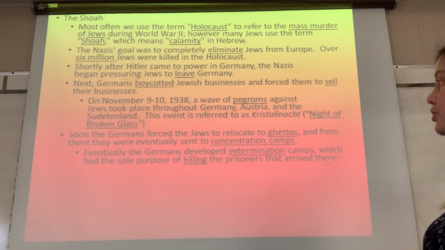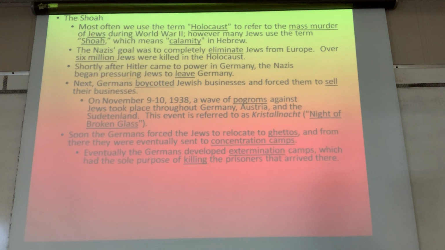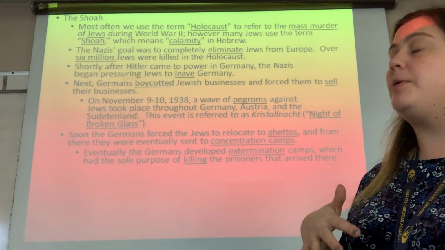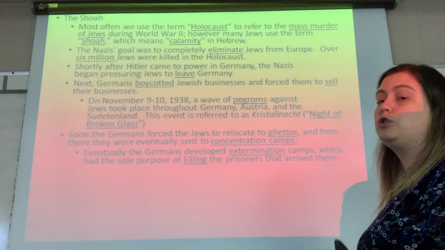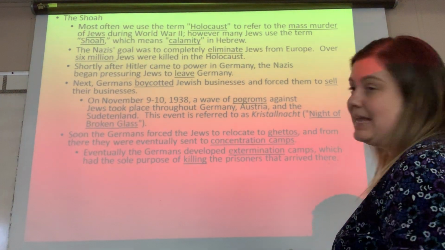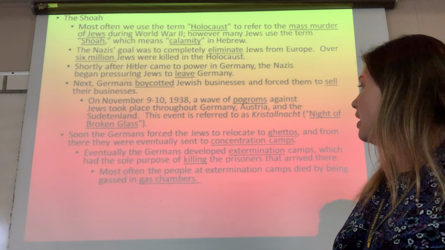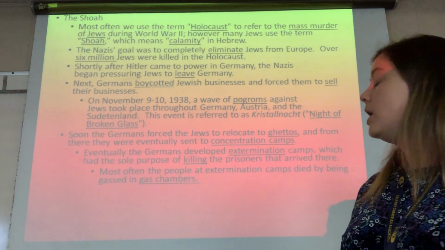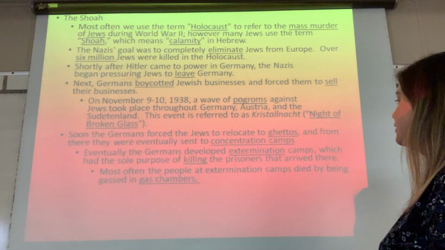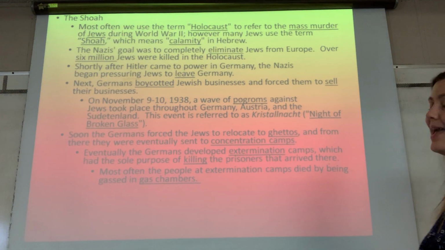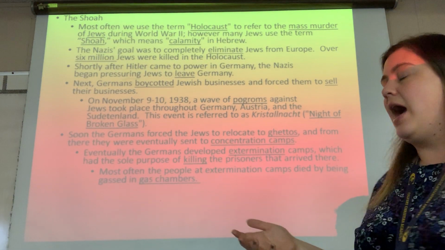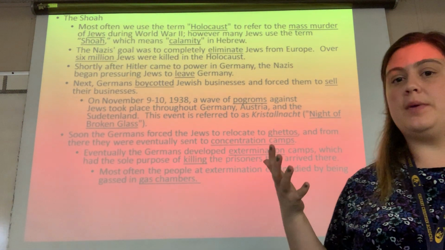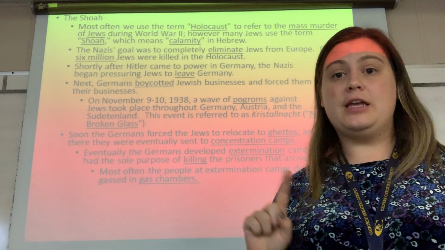So like I said, eventually the Germans did not just have concentration camps, but they had extermination camps that were created for the sole purpose of killing the prisoners that arrived there. And most often, the people that arrived at extermination camps died by being gassed in gas chambers. When they would first arrive at an extermination camp, they would be sorted into groups.